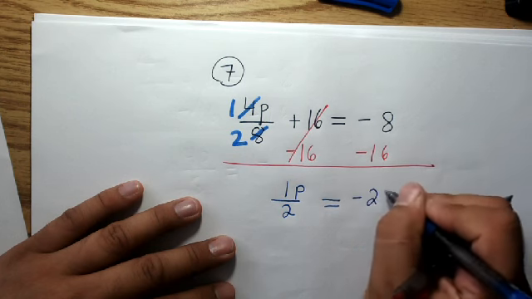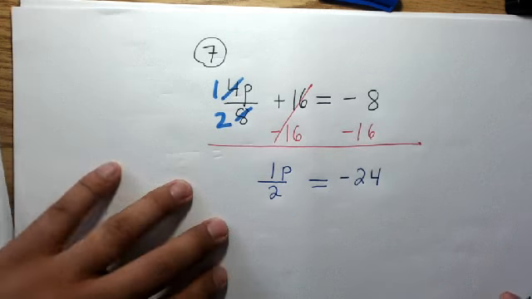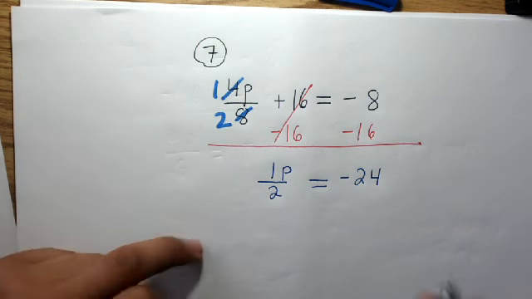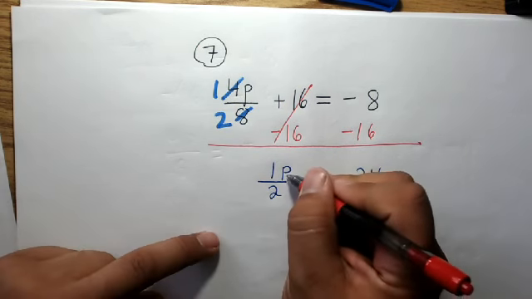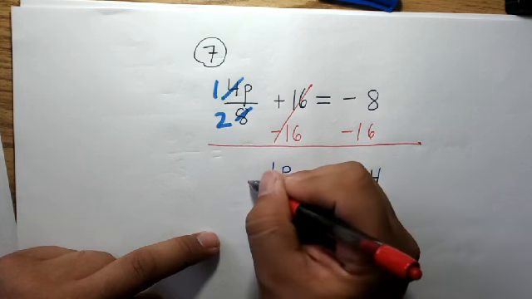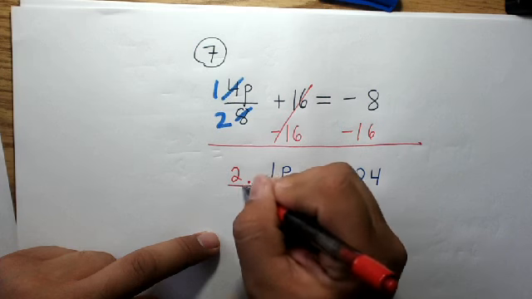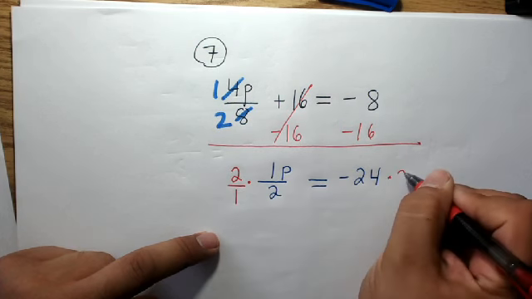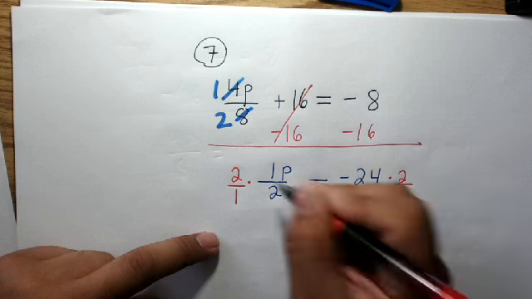It's negative 24. Now when you're solving something like this, since you want to solve for p, you could multiply by the reciprocal, which is 2 over 1.